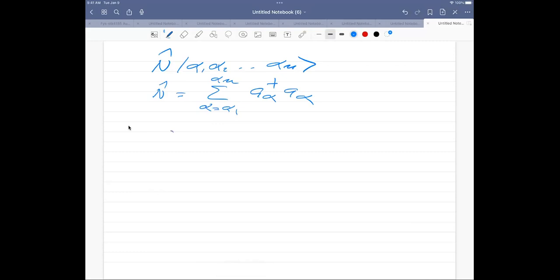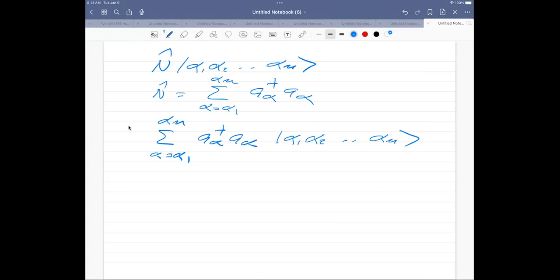So when I have this sum here over alpha equal to alpha 1 up to alpha N of A alpha dagger A alpha, this acts on a state alpha 1, alpha 2 up to alpha N. I'm now putting in an explicit sum from alpha 1 up to alpha N, but I could actually let it move higher up.